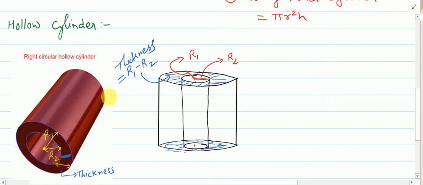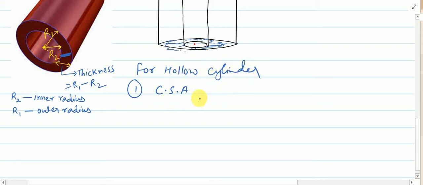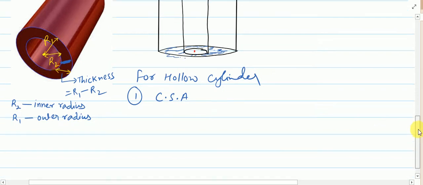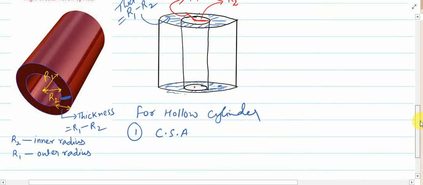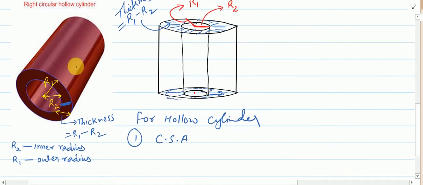Here the first one we will write is the curved surface area. So now I'll write C.S.A. For the hollow cylinder's curved surface area, if you see, in this case we have two curved surface areas.